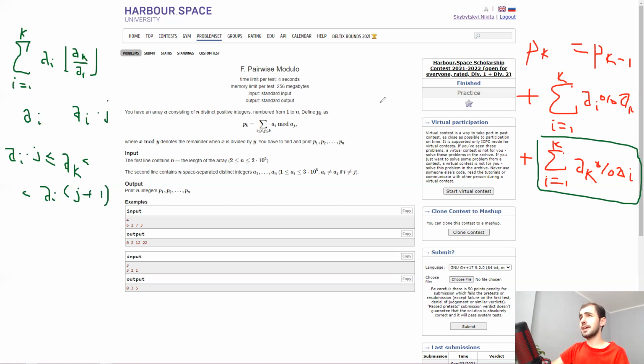So what we effectively have is we want to add AI times J to such intervals. And that's all we want. So we want range updates, and then we have point queries for AK.